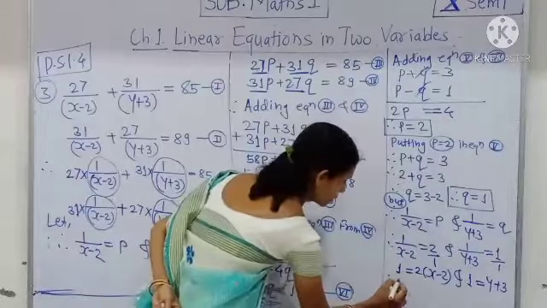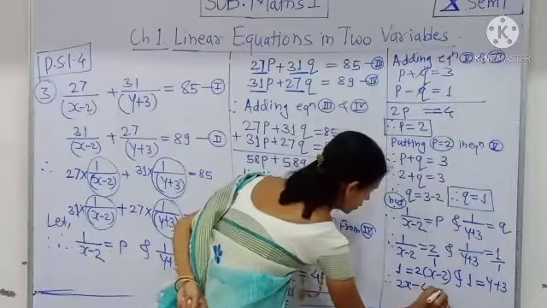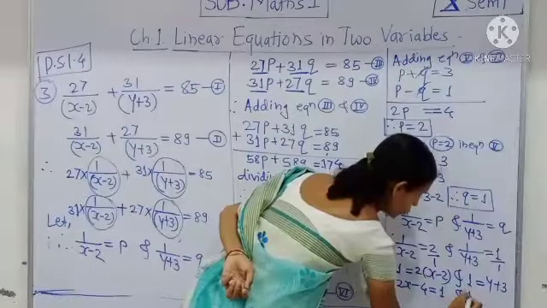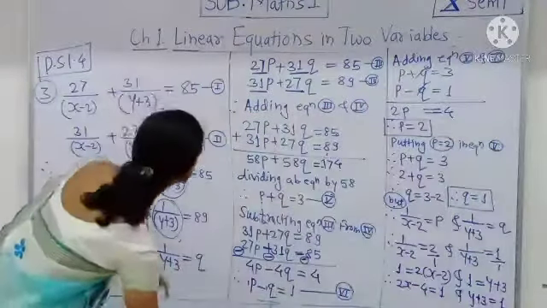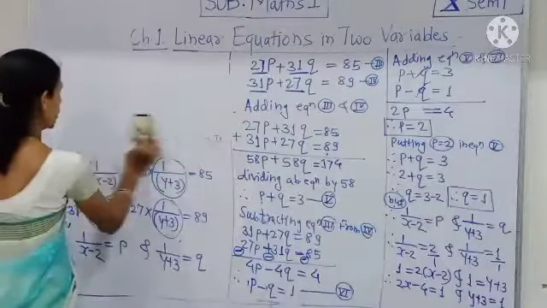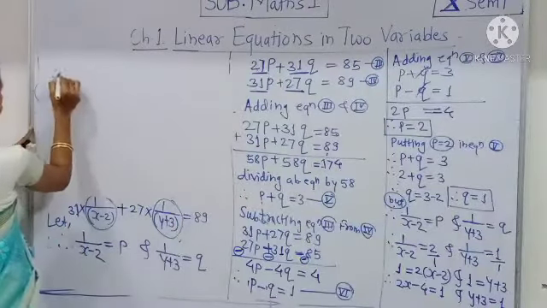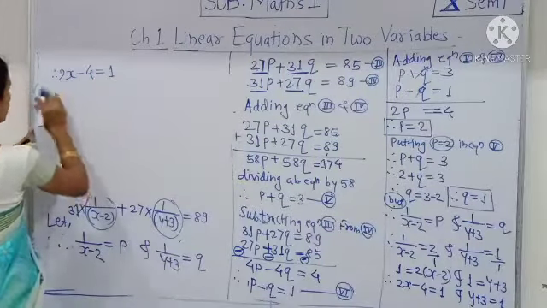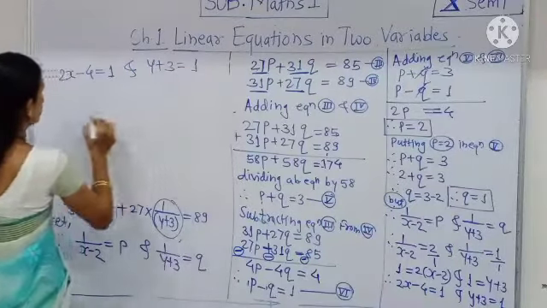Therefore, 2x minus 4 is equals to 1, and y plus 3 is equals to 1.